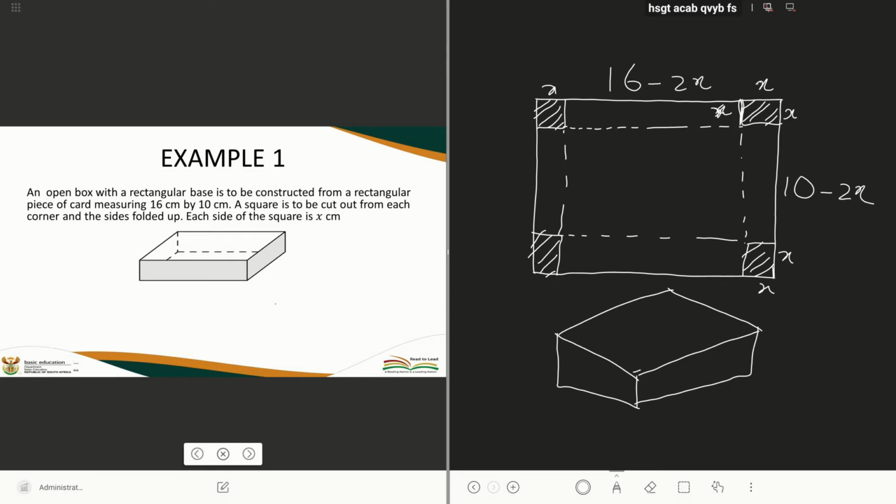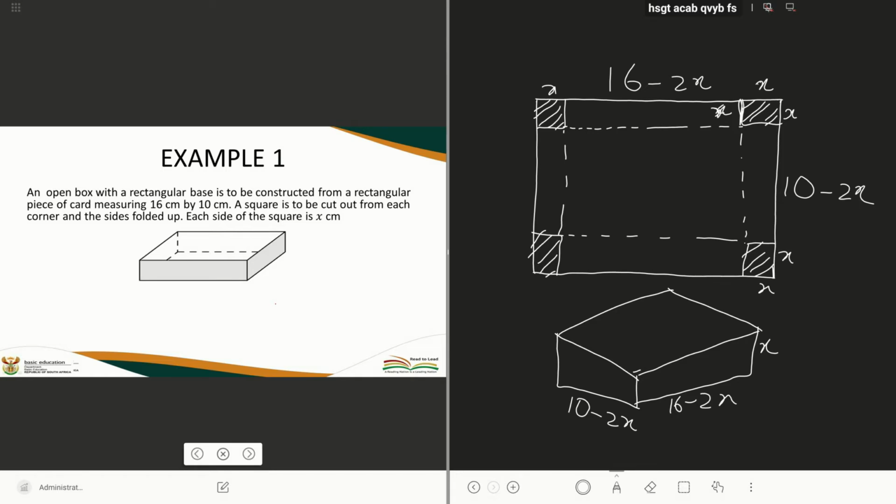So it means that now the question that we are dealing with will have a height, which is x, will have the length, which is 16 minus 2x, and we're going to have a breadth that is 10 minus 2x. Now, that right there is a very important part of the question that we are going to be doing, being able to come up with a model of this question.